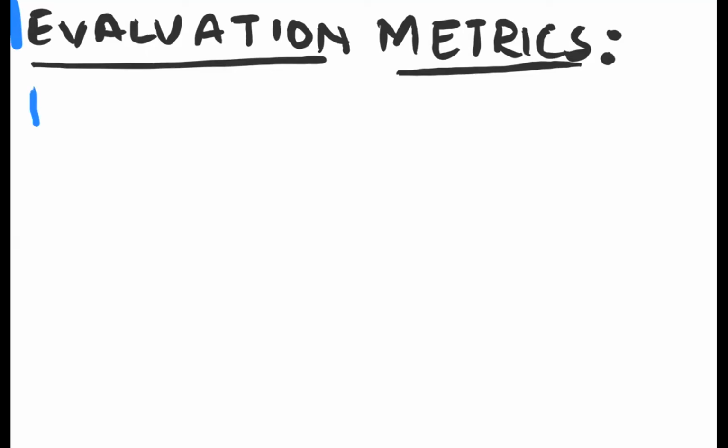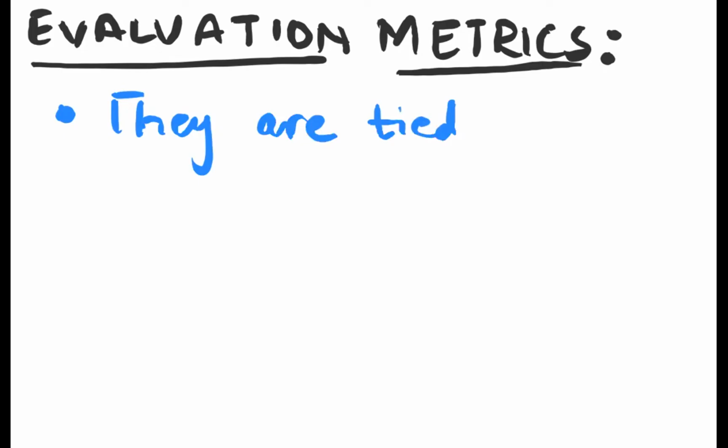Evaluation metrics in machine learning are tied to some machine learning task. This is a really important point, so I will just try to have some bullet points here. Bullet point number one: they are tied to some machine learning task.